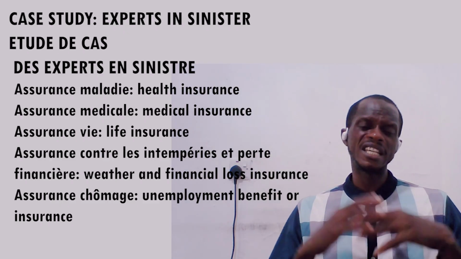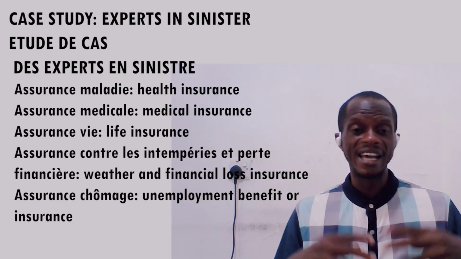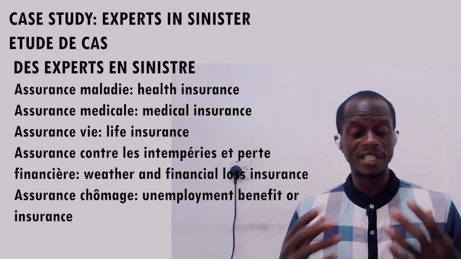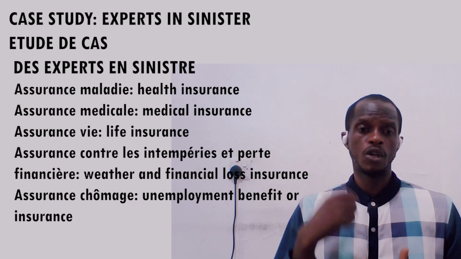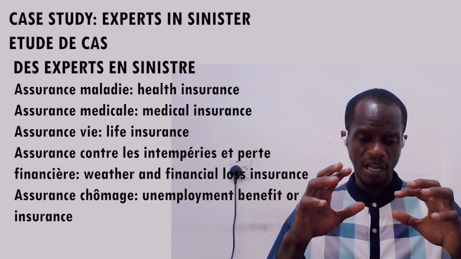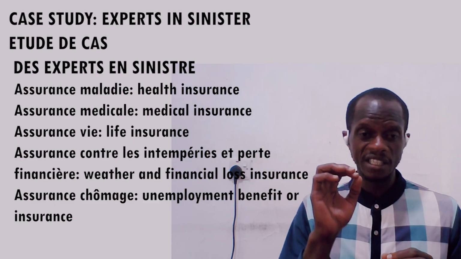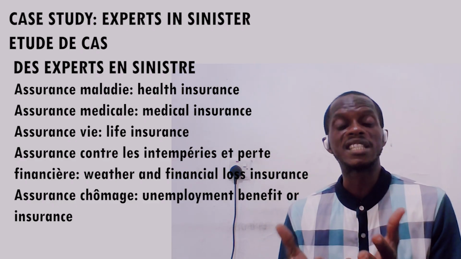It's up to the experts in sinister on the ground to come and assess the loss or damage and to prepare a loss report, based on the accident report, to designate the insurance company that should pay for the compensation.